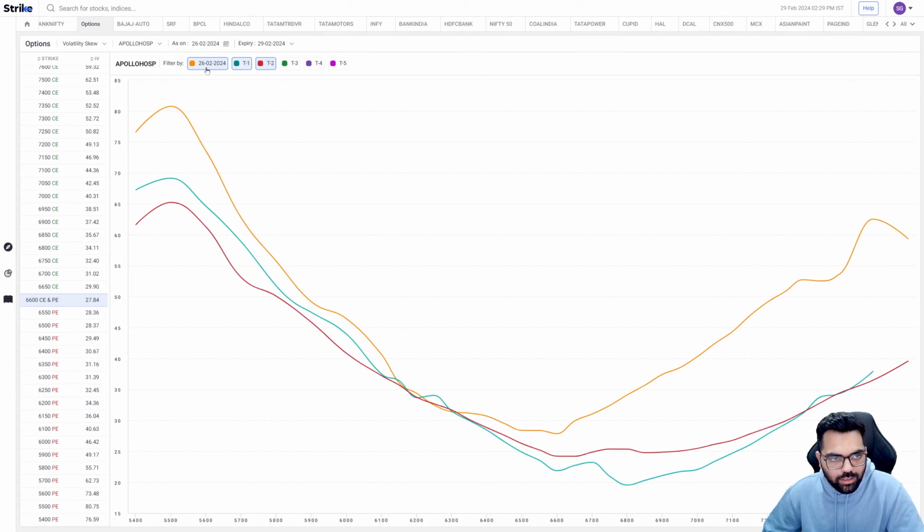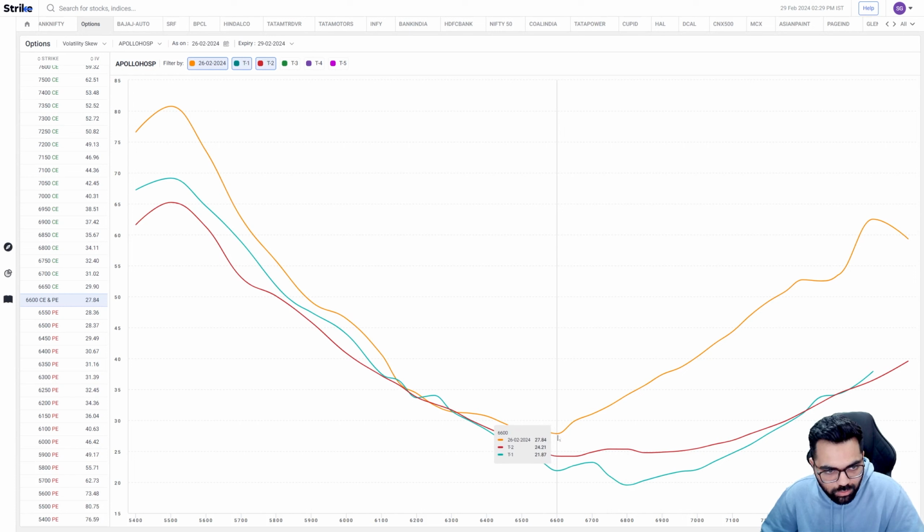So I have enabled this curve based on 26th Feb, and you can choose to see up to 5 days of historical curve. By default, we have 2 days of history, that is 2 days before 26th, be it 25th or 24th or whatever the working days were, those have been plotted. So this is the curve 2 days before 26th Feb, and this is the curve for 1 day before 26th Feb.